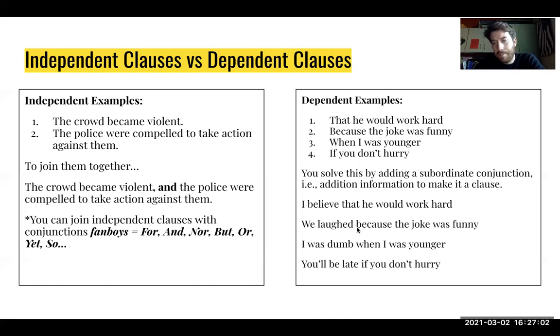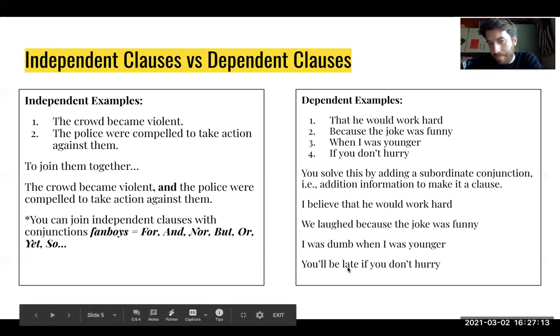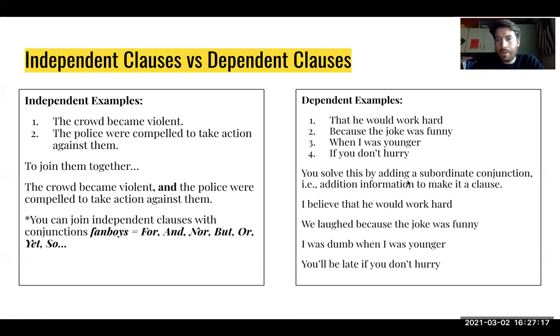We laughed because the joke was funny, right? So that adds a verb phrase to that sentence. I was dumb when I was younger. When I was younger, what? So I was dumb. And then, you'll be late if you don't hurry. So again, subordinating conjunctions or additional phrase information might help to make that a complete sentence.